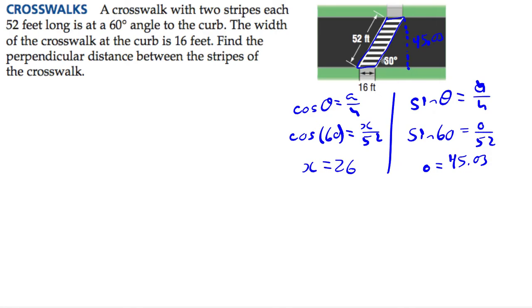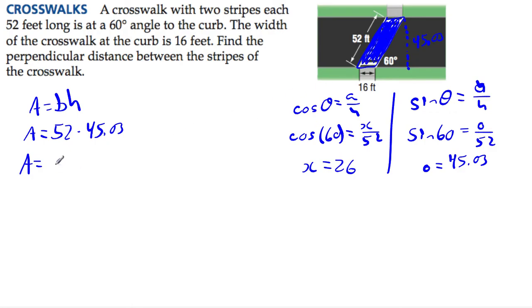I figured out that this height is 45.03. So I can find the area of this parallelogram by doing base times height. The base is 52, so the area is 52 times 45.03.